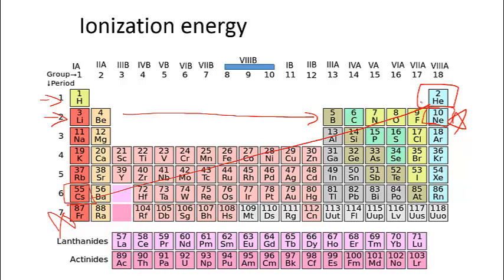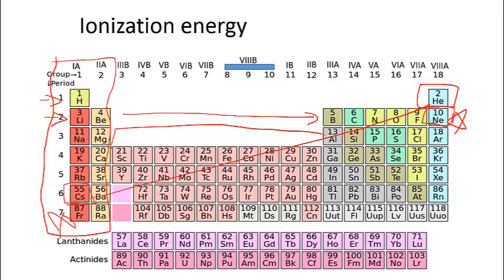And in fact, elements with low ionization energies tend to be metals, so either group 1A or 2A, or any of the transition metals, or anything to the left of this staircase, actually.